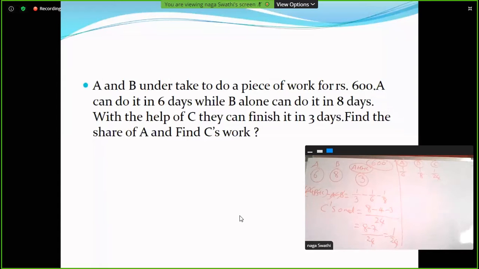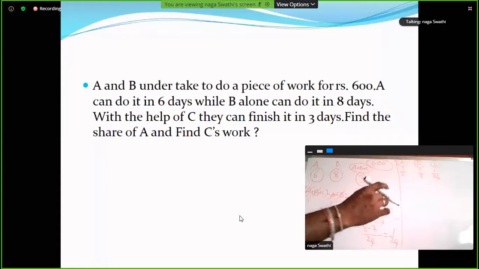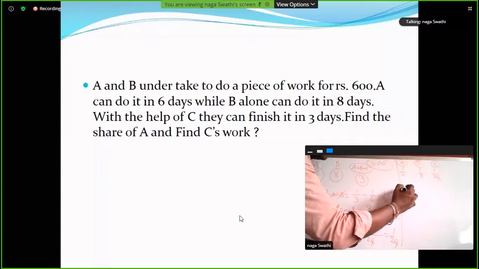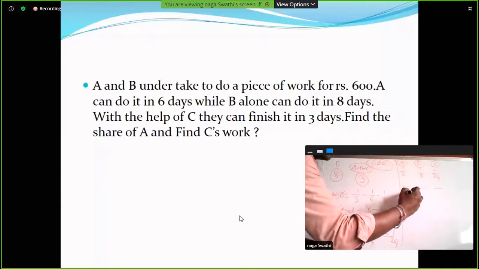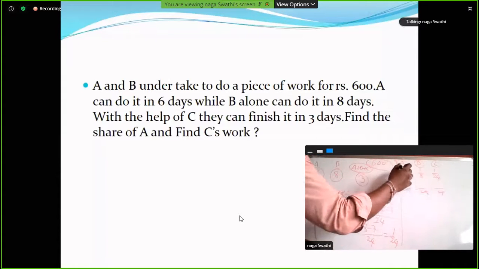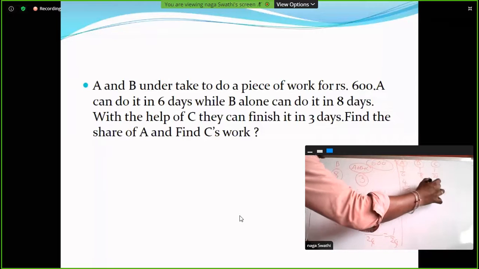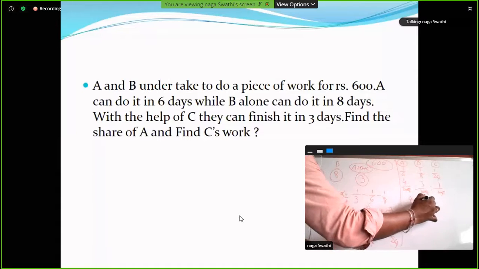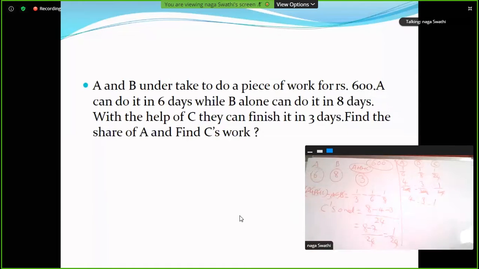Now convert it into ratios. Okay, so LCM is 24. So the denominator value is 24, and the numerator values are 4, 3, 1. So 4 is to 3 is to 1.